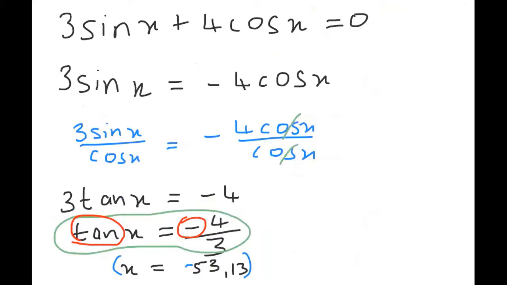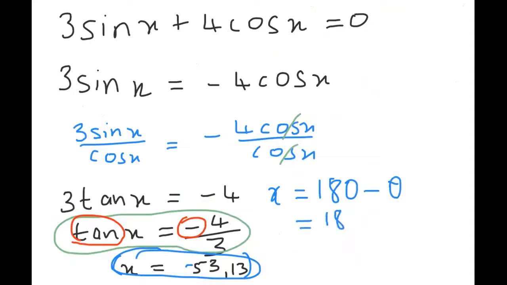So just keep this in mind. This is the answer we got. But I'm going to say x equals 180 minus theta, and there you're going to put in that 53, just the positive part, to get 126,87.